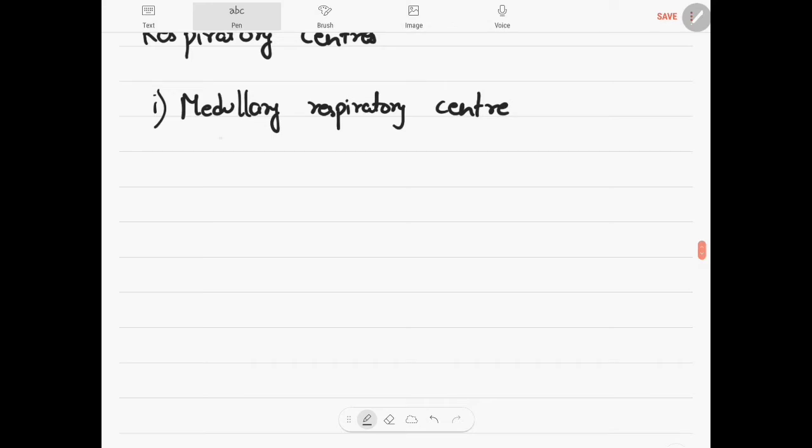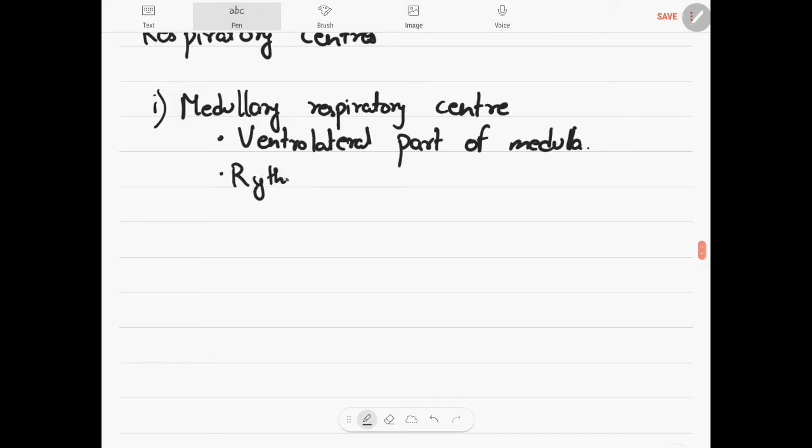Of course, it is situated in the medulla, in the ventrolateral part of the medulla. Now this shows rhythmic discharge of varying frequency.